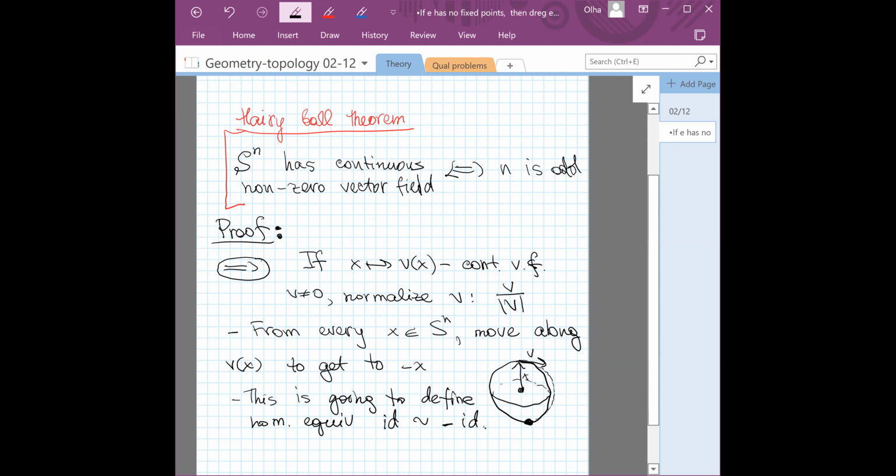And then we know that degree is homotopy invariant, so the degree of the identity, which is 1, is equal to the degree of the antipodal map, which is (-1)^(n+1), which proves that n is odd.